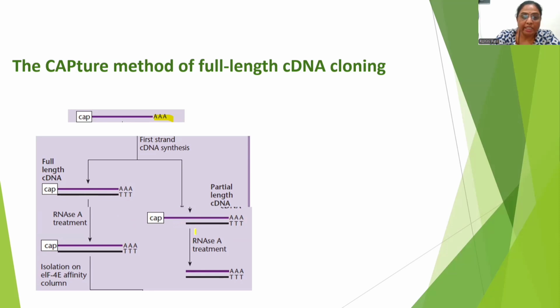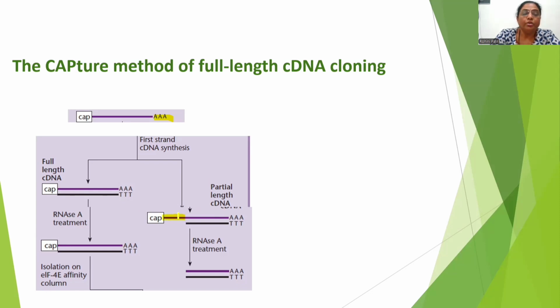So this one is partial and this one is full length. When there is a synthesis of the full length cDNA, there is no presence of single stranded RNA. But when there is a partial synthesis of the cDNA, you can see here a single stranded RNA.